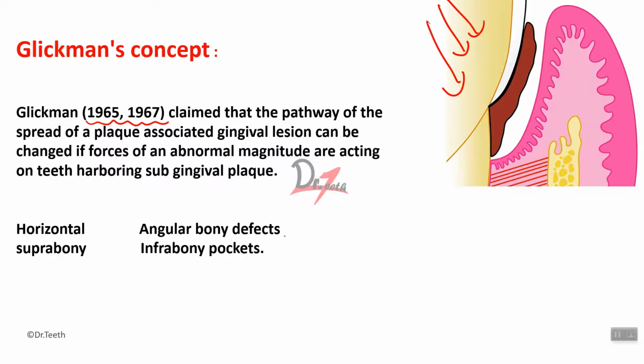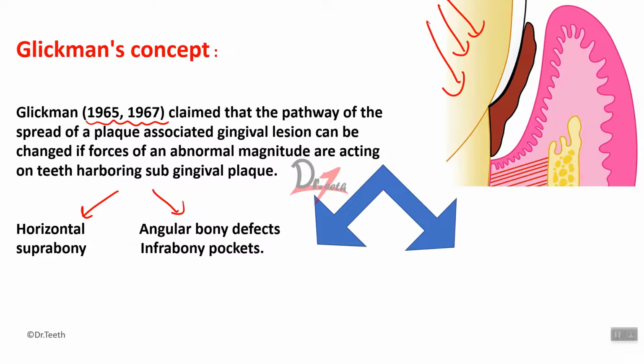So he stated that in a normal scenario, when there is only plaque present, it leads to horizontal bone defects and suprabony pockets. Whereas if there is plaque along with trauma onto the tooth, it leads to angular bone defects and infrabony pockets.